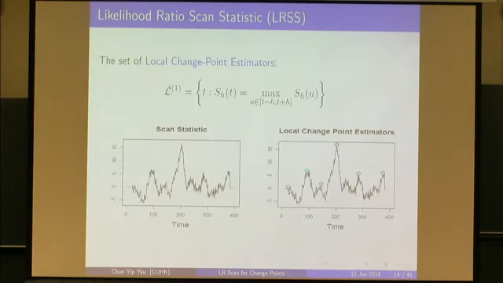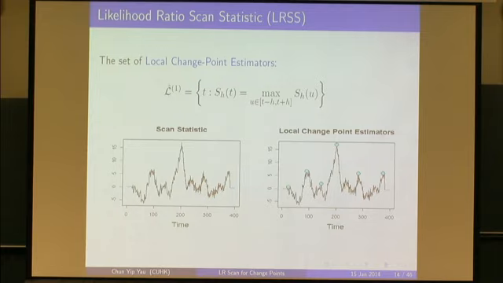What I'm going to do with the scan statistic, because I know that the window I have, which is of length 2h, will have at most one change point, is look at the scan statistic for each time point in the neighborhood of 2h. If it is the maximum over the 2h neighborhood, then I think it may be a potential candidate for a change point.